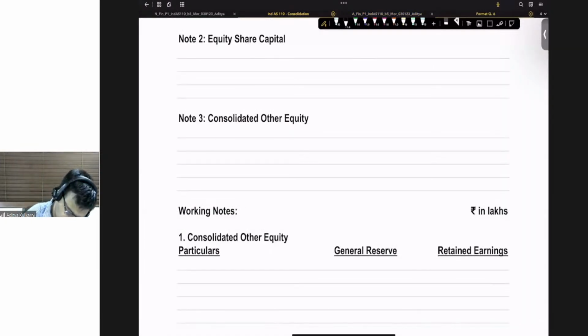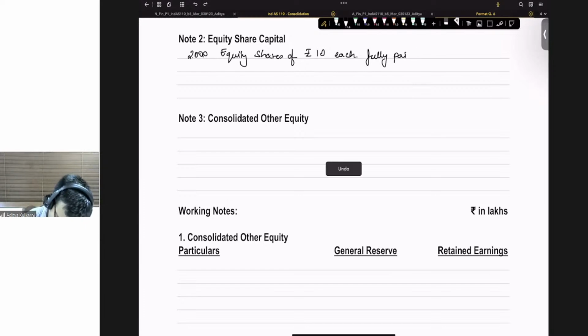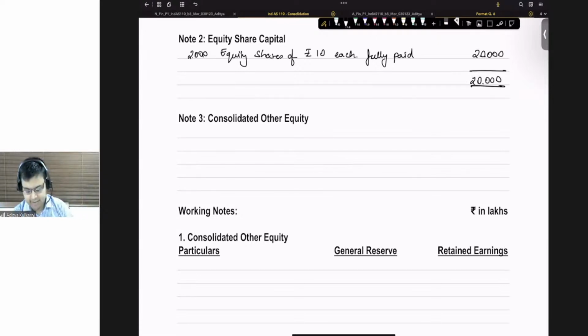So write that down. 2,000 equity shares of rupees 10 each, fully paid. 20,000. Okay, so that takes care of equity share capital.